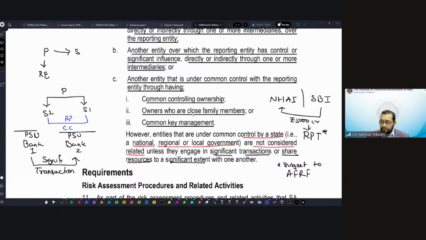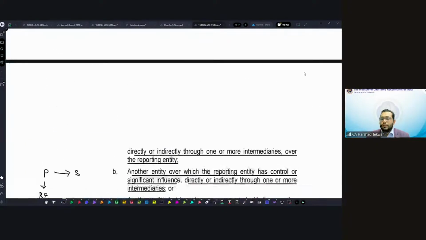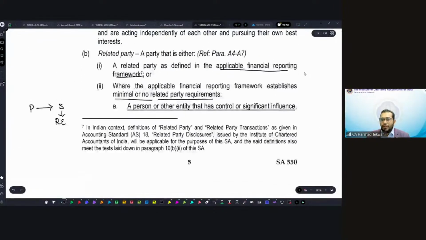Thank you. Okay. Now, the second question. We understood the definition of related party. Fine. A transaction between related parties will be a related party transaction. Nothing difficult in that. But the question is, what is the objective of the auditor? Why do we have this standard in place? What is the reason behind it?